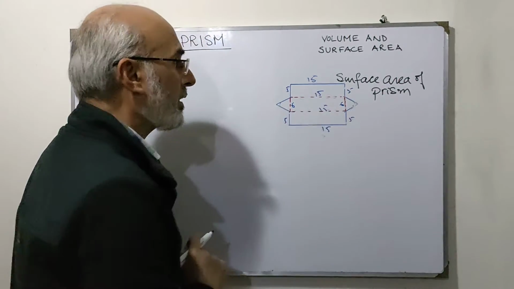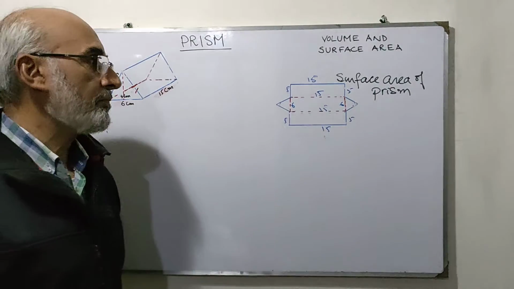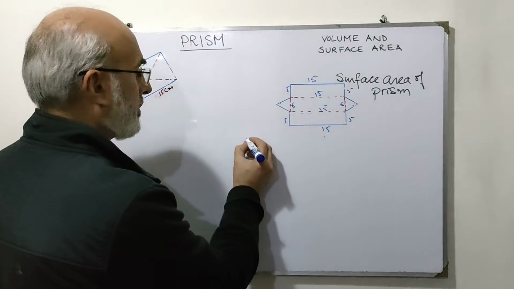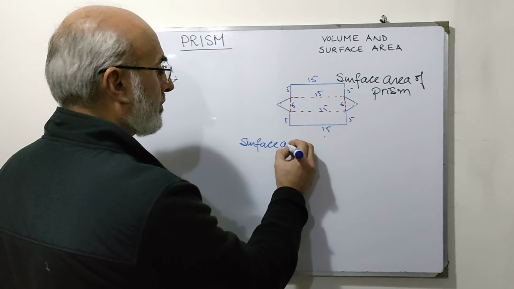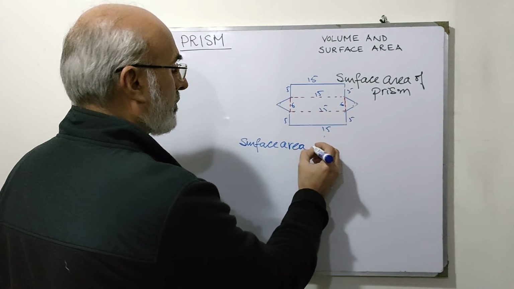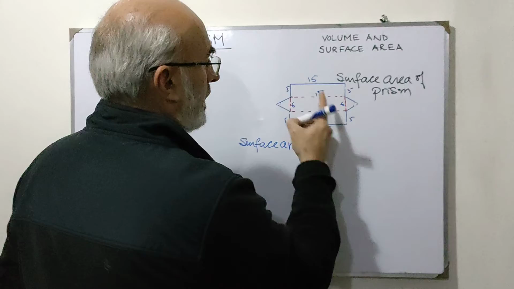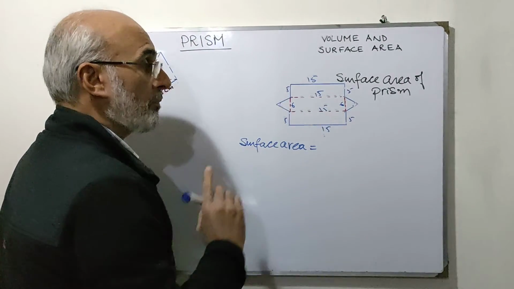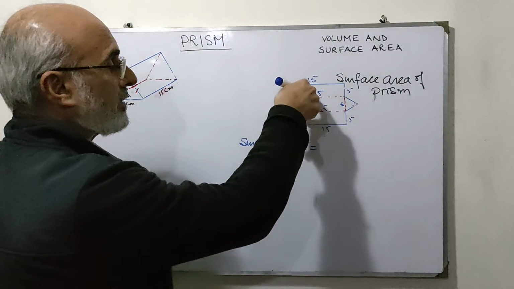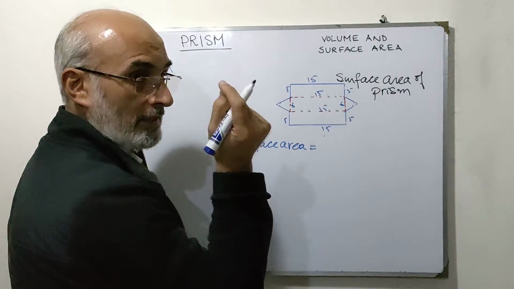So 3 rectangles. For the surface area, I have 3 rectangles with the same dimension. 2 have the same dimension and 1 has a breadth a little more.